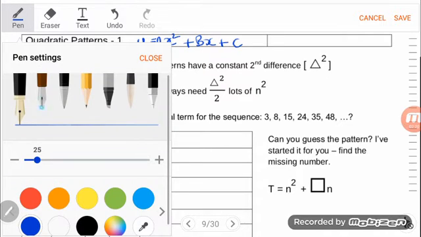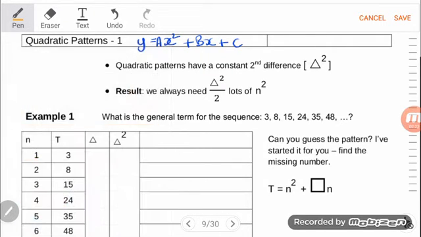Now if you note here, we've got bx plus c. This is a linear part of a quadratic equation. Remember, a linear equation looks like y equals mx plus c, where c is a constant and it is generally the y-intercept, so it is where the graph crosses through the y-axis, and the m is the gradient.